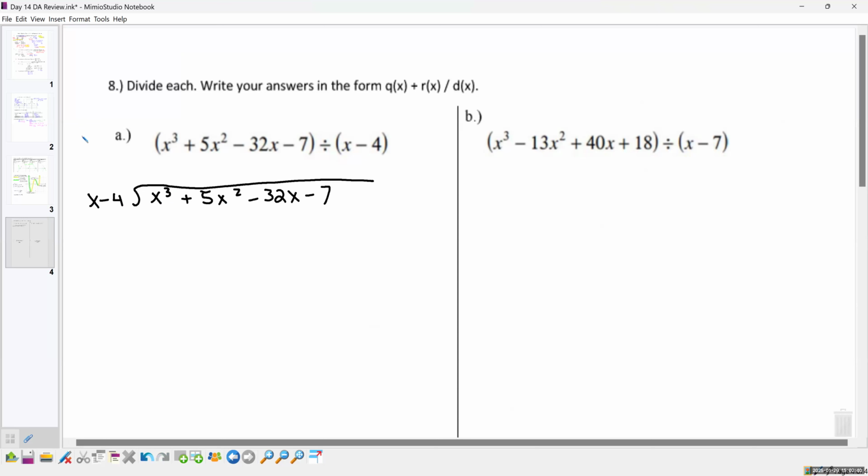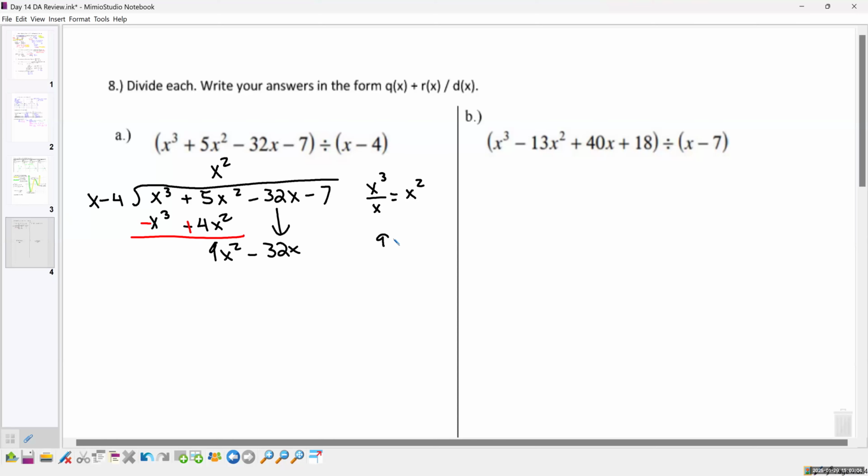So the first thing I'm going to do for letter A, I'm using long division, is I'm going to have a division thought, which is x cubed divided by x is x squared. Multiply back. Subtract and bring down. Gives me 9x squared.